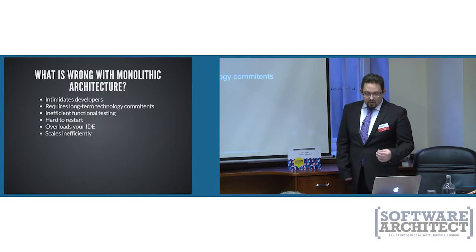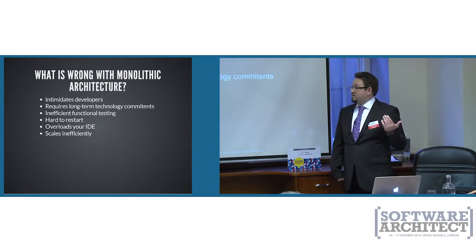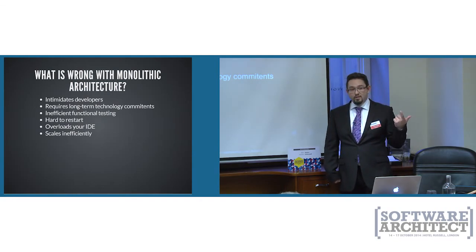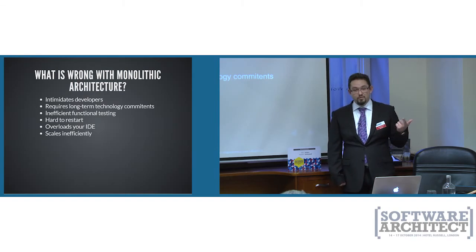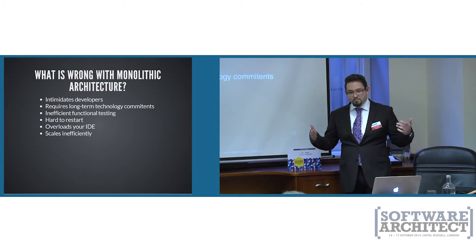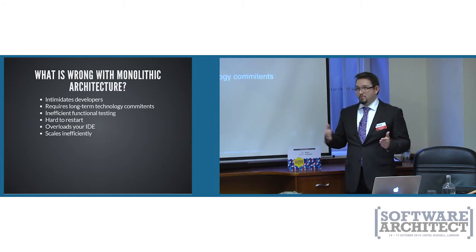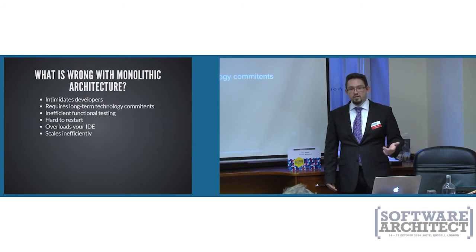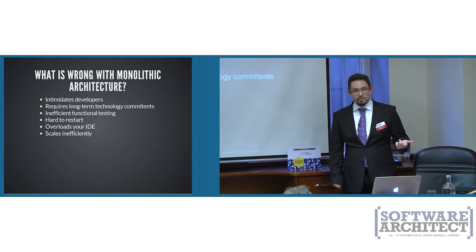And because of that, you can't really do sufficient functional testing. And if you do functional testing, because the system is very slow moving, maybe you can't solve it because there's not enough time to run all the tests between the releases.